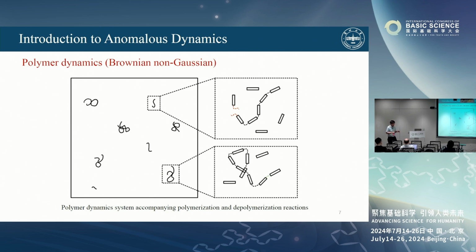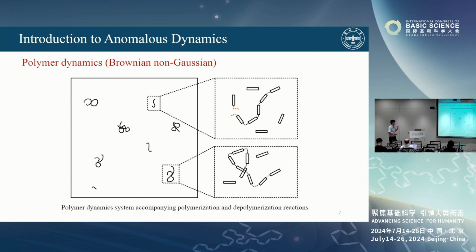But when the number changes randomly, with a huge number of monomers, it can increase or decrease, with fluctuation of the number of monomers. Generally, this implies the diffusion coefficient is random.